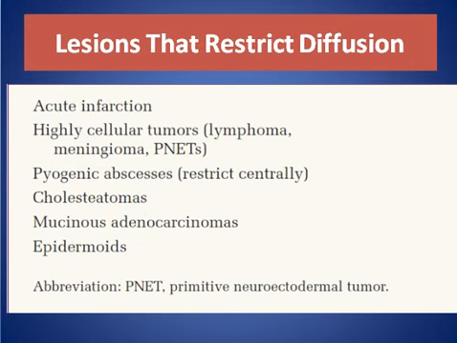of the brain abnormalities. What are the regions we can see with diffusion weighted imaging? We can see acute infarction, highly cellular tumors like lymphoma, meningioma, and primitive neuroectodermal tumor, pyogenic abscess, cholesteatoma, especially the recurrent one, mucinous adenocarcinoma, epidermoid.